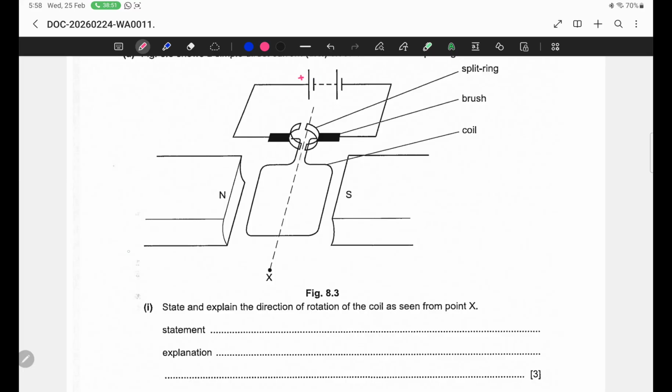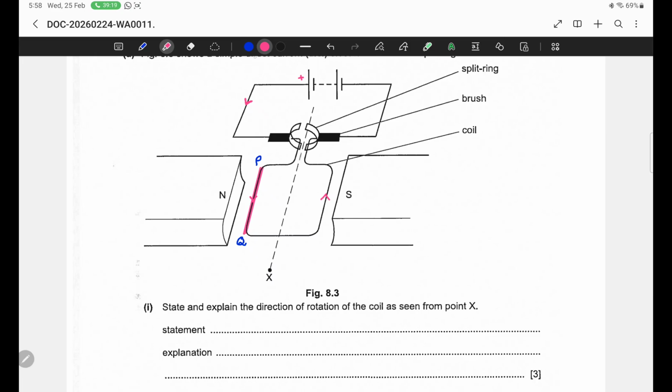So this is the positive terminal. So the current is flowing in this direction. This is the direction of current. And consider this side is PQ. Nevia, can you help me again with applying the left hand rule?